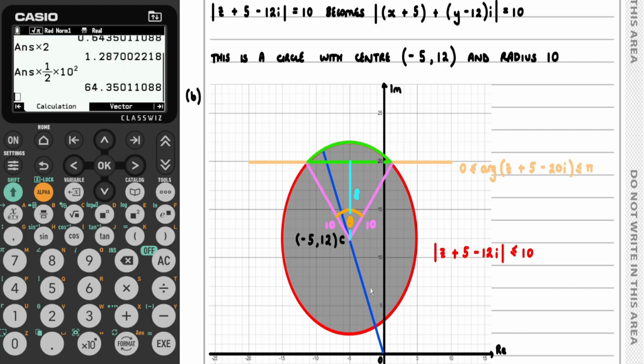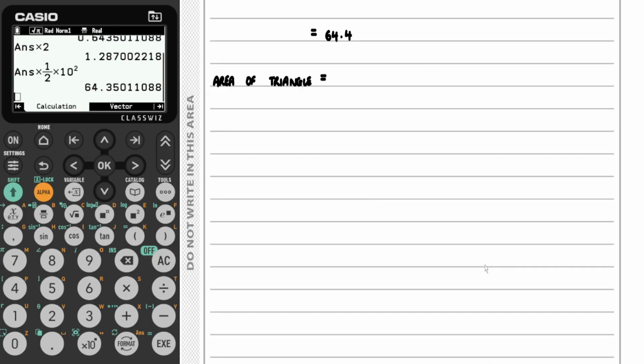And then we can use a half times base times by the height to work out the area of the triangle. So we have a half times 12 times by 8, which is 48. So therefore the area of the segment is the difference between these two. We have 64.4 take away 48, which is 16.4.